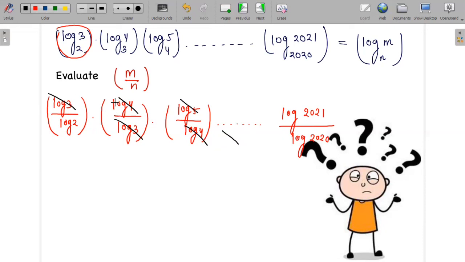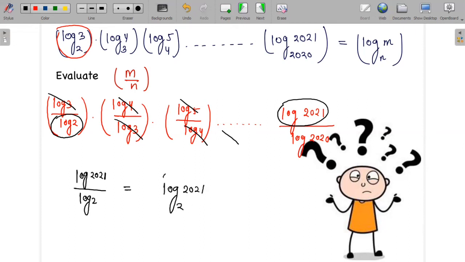If this pattern continues, then I may conclude that only the denominator term from the first expression and the numerator term from the last expression will remain. So eventually I have log 2021 over log 2, which further can be written as log 2021 to the base 2 with the help of the base changing theorem.